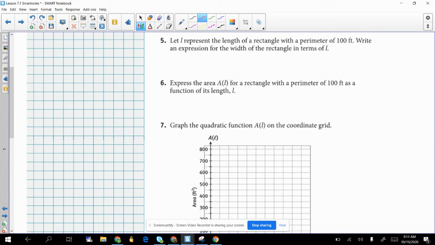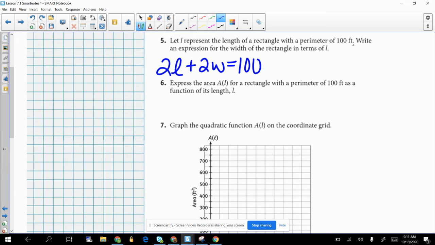Okay. Now, number 5 says, let L represent the length of a rectangle with a perimeter of 100 feet. Write an expression for the width of a rectangle in terms of L. Okay, so again, let's use what we already know here, which was that 2L plus 2W equals the perimeter of 100.